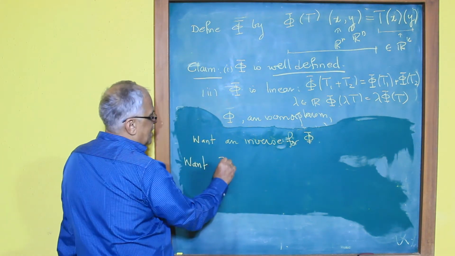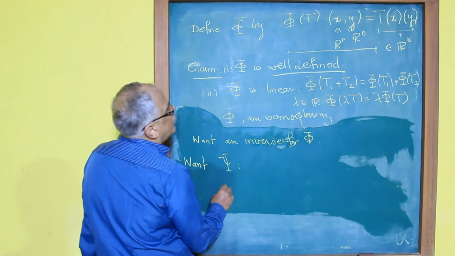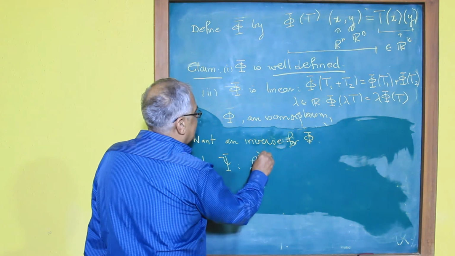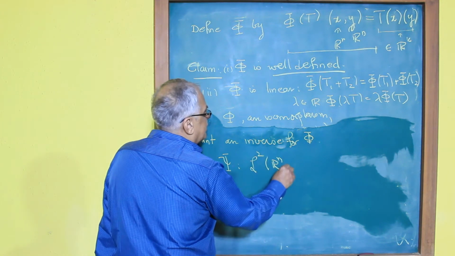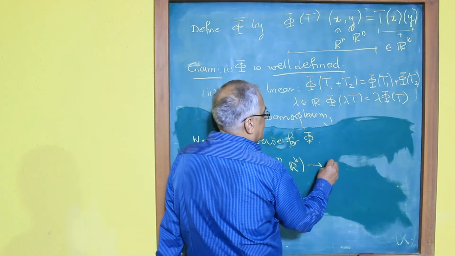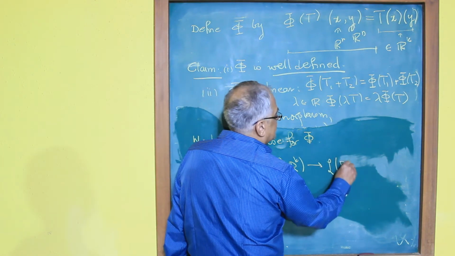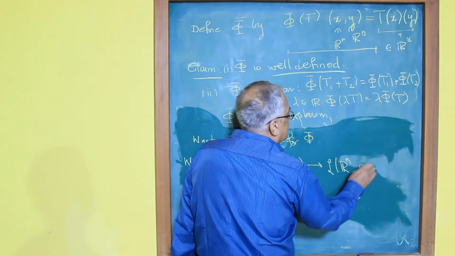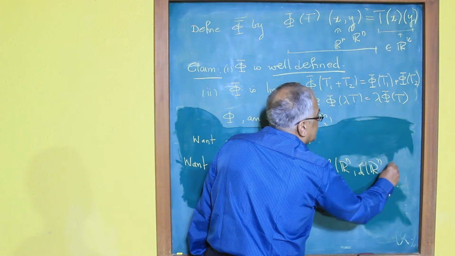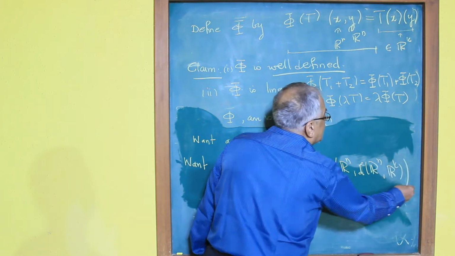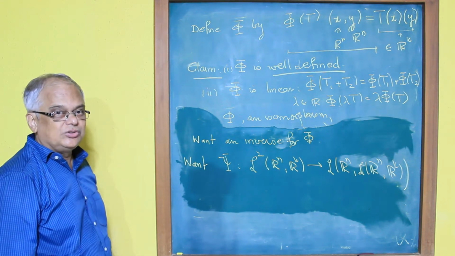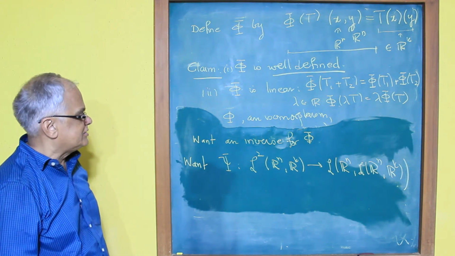You want to map psi from bilinear maps on Rn cross Rn to Rk to linear maps from Rn to linear maps from Rn to Rk. This is what I want, and this psi should be an inverse of phi.